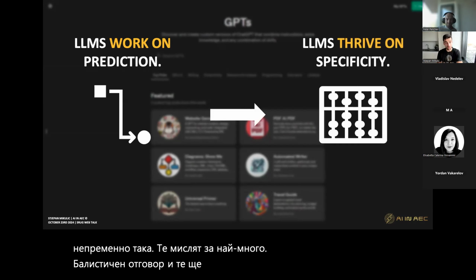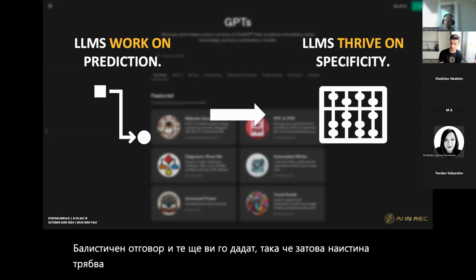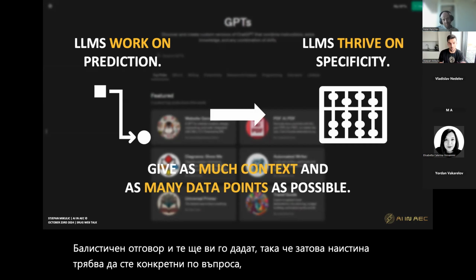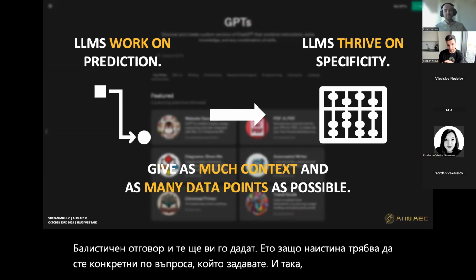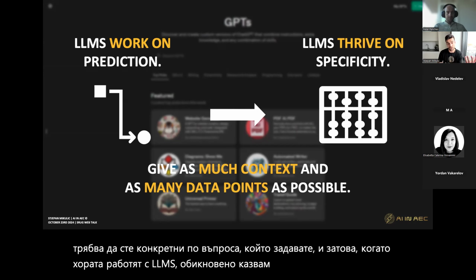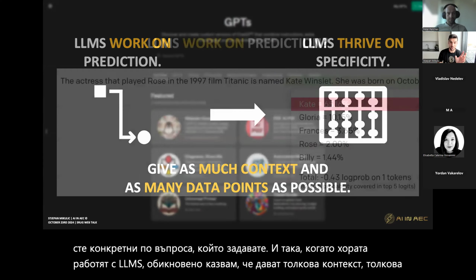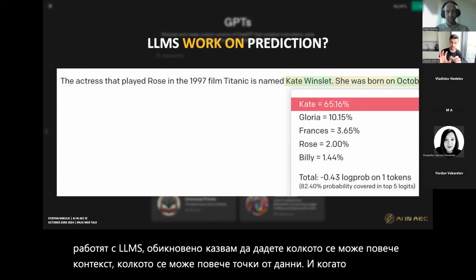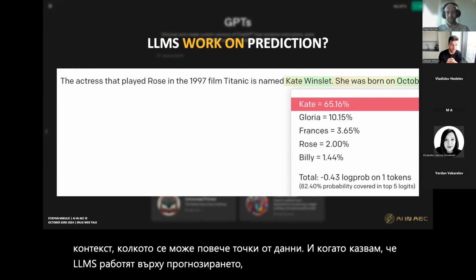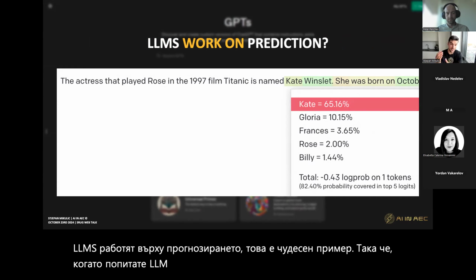So that's why you really need to be specific on the question you're asking. When people work with LLMs, I usually say, give as much context and as many data points as possible. And when I say that LLMs work on prediction, this is a great example. When you ask an LLM, the actress that played Rose in the 1997 film Titanic, what's her name?